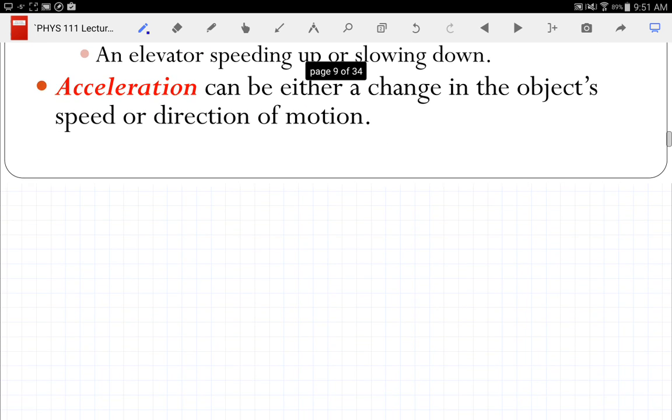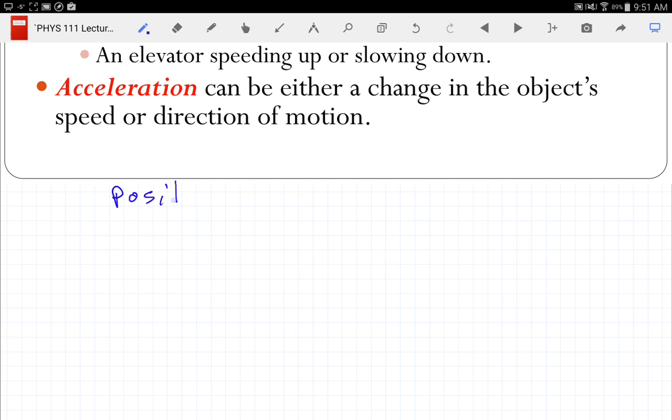Okay, real quick question. What symbol do we use for position? We usually use X for position. What is the definition of velocity? It is the speed with direction, but we have an equation.